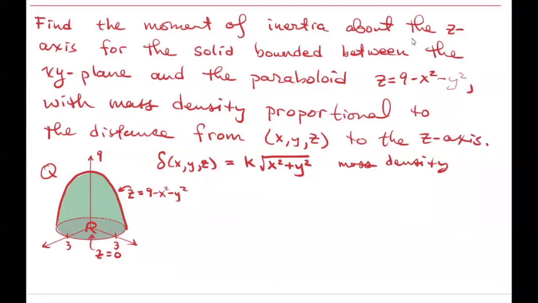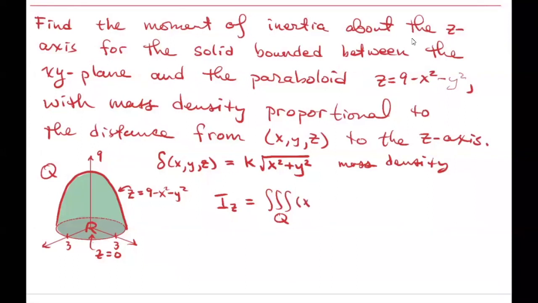Okay, and just the moment of inertia, the formula for the moment of inertia for solids, well, about the z-axis, you do a triple integral over the solid, and it's always equal to the distance to the z-axis squared. And once again, the distance is the square root of x squared plus y squared, but you're squaring that.